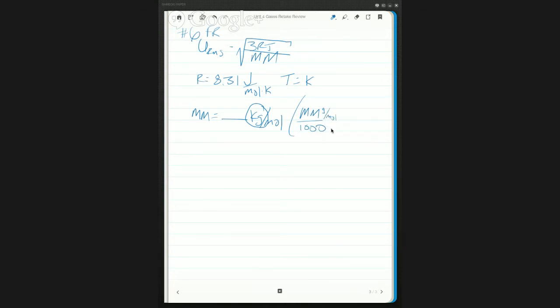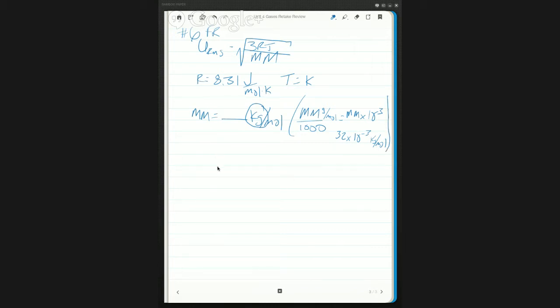So it's whatever your molar mass is times 10 to the negative 3, basically. So let's say it was oxygen. It would be 32 times 10 to the negative 3 kilograms per mole. Okay? 0.032.